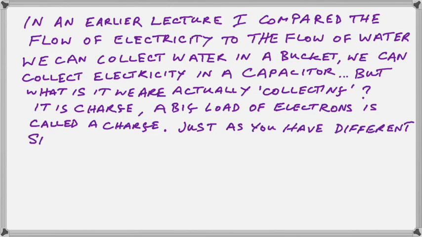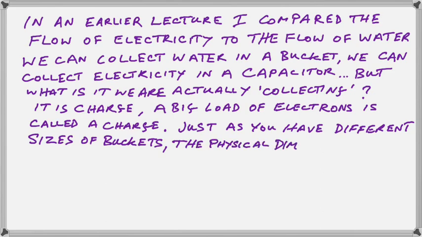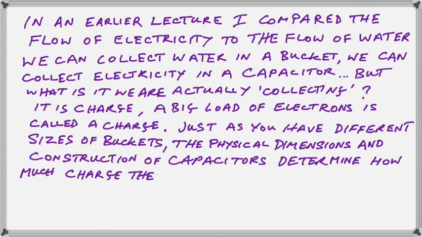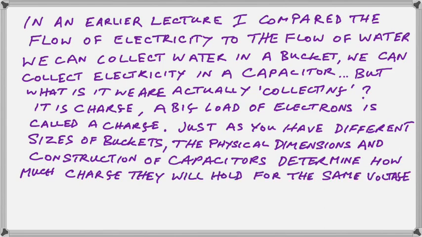Okay, so just as you have different sizes of buckets, we are going to have different physical sizes of these capacitors, and their construction is going to create a certain metric by which we can rate a capacitor. Just like you have, say, a 5-gallon bucket that holds 5 gallons of water, we have a capacitor that will hold a certain amount, and we have another capacitor that will hold a different amount.